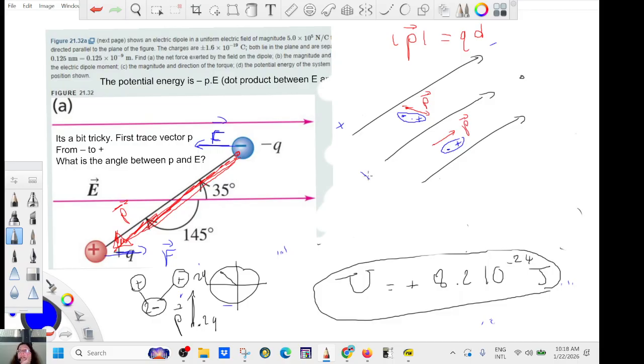Okay, because somewhere here you have plus, somewhere here you have minus. So this is perfect. Configuration, the lowest potential energy possible. Okay? It works for non-permanent molecules that get polarized or permanent molecules that already are polarized.